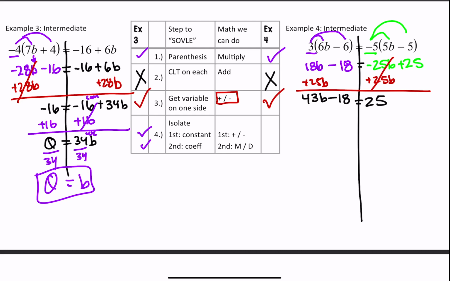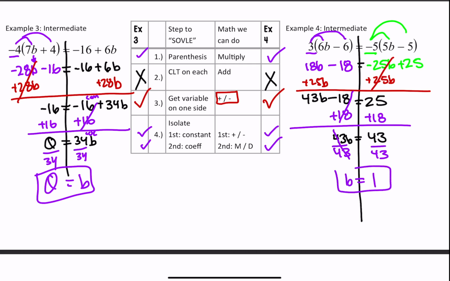Then I'm going to check for a constant, which is that minus 18, so I'm going to add that 18 on both sides. This leaves us with 43b equals 43. I got a coefficient I need to get rid of, so I'm going to divide that 43 on both sides. And again, dividing is always going to be that last thing you do, which gives us b equals 1.